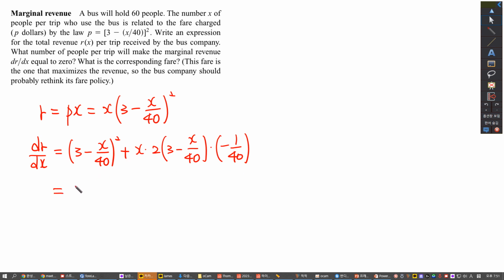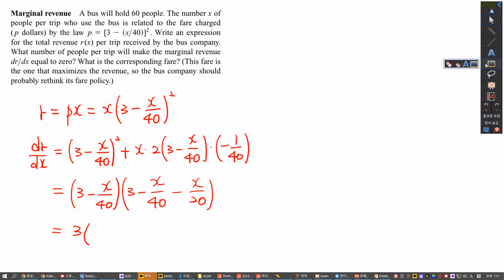So if we factor this expression, what's the sum of this? 140, 120? Yep.